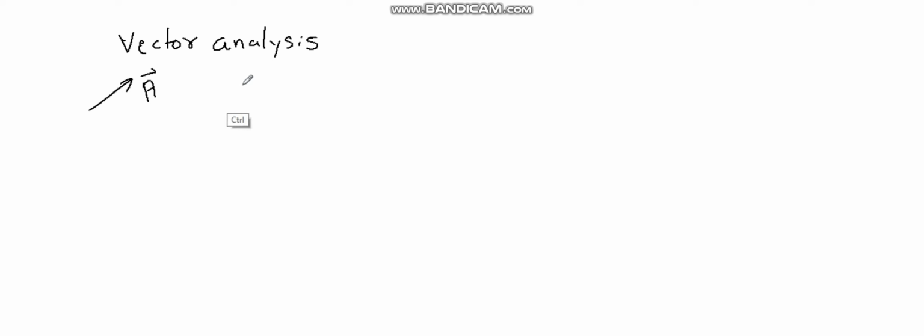But here we have to deal with the vector with this arrow representation. Okay, we name this vector as vector A.